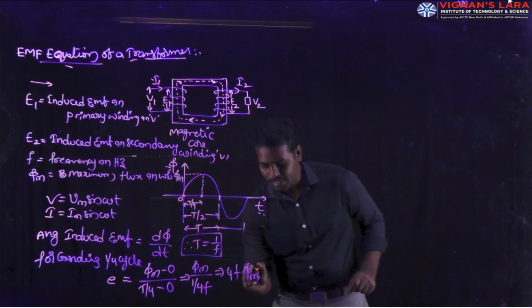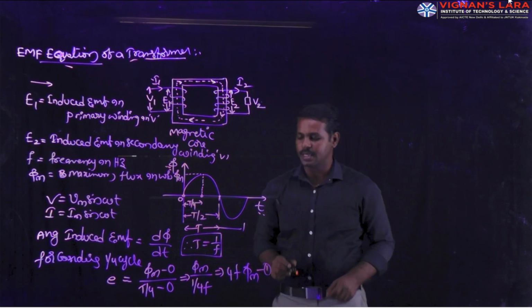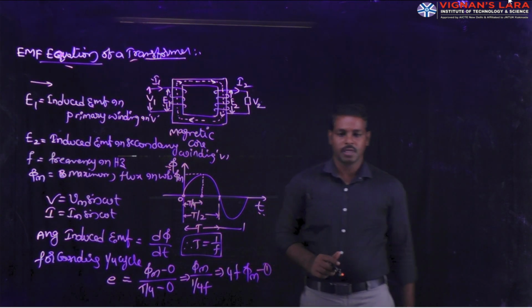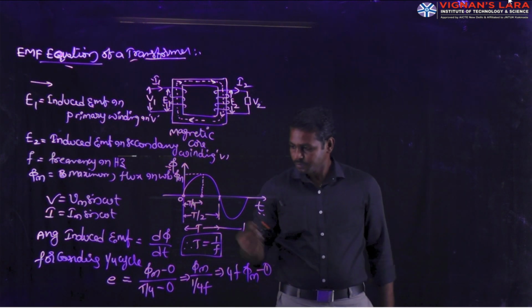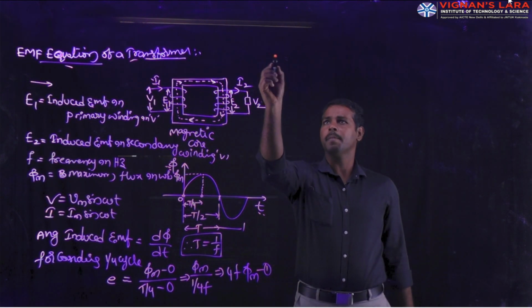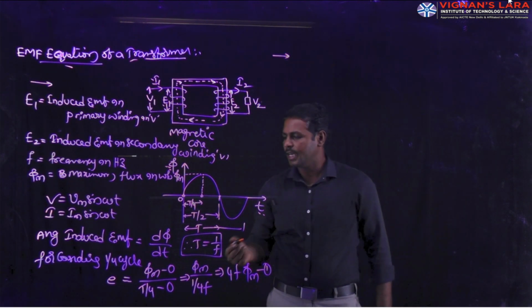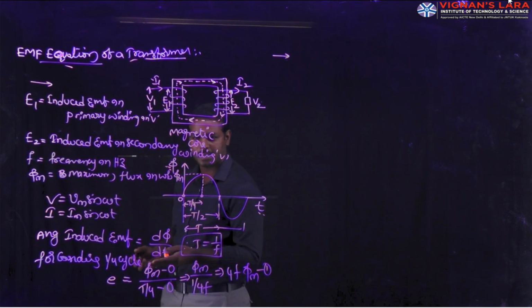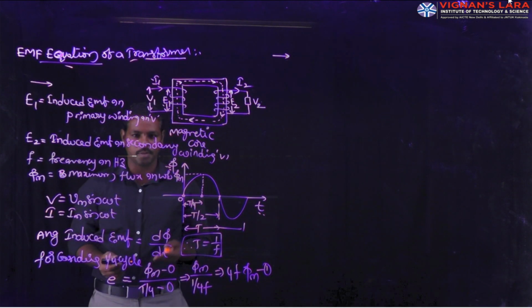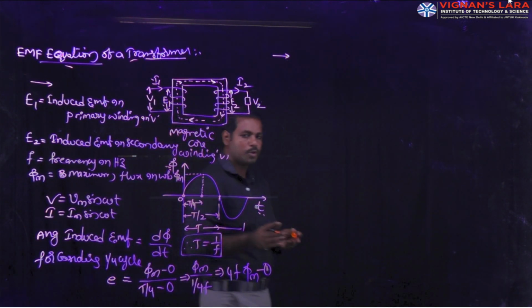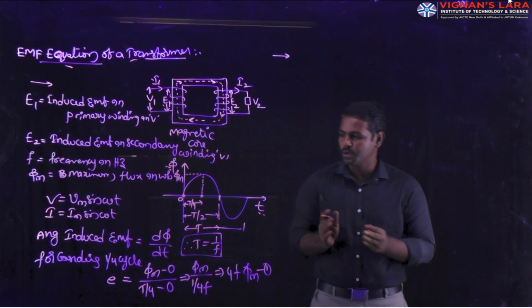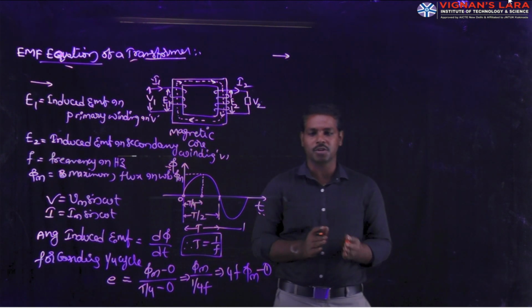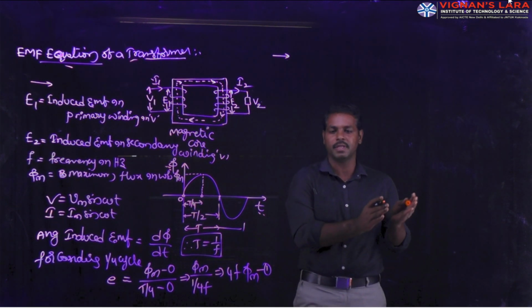This is equation number 1. Second, we can easily find the RMS value of the induced EMFs, because all electrical quantities are represented in RMS values, that is, root mean square values. The RMS value is always some constant multiplied with the average induced EMF.